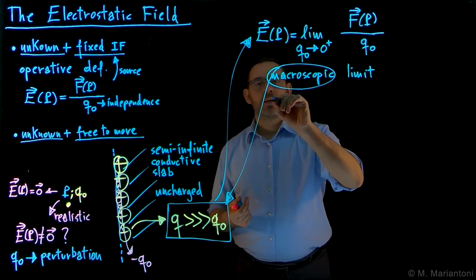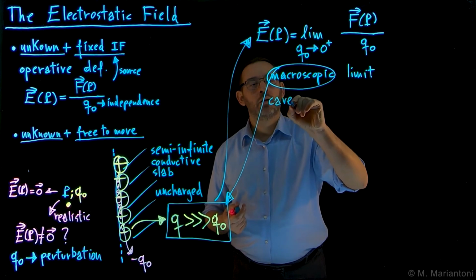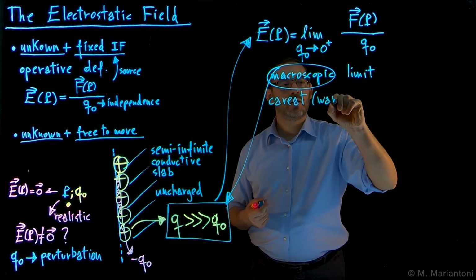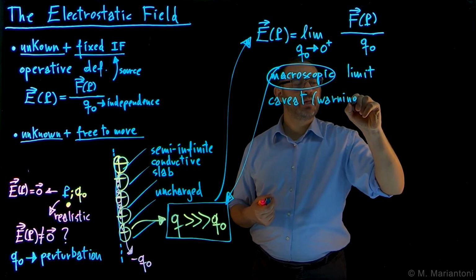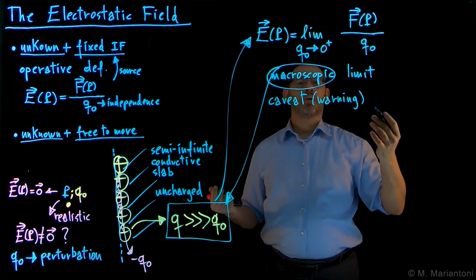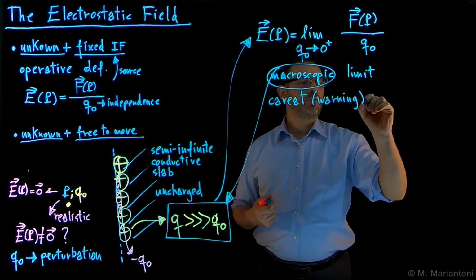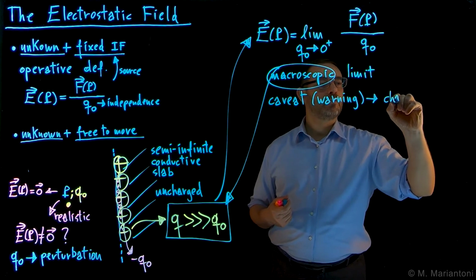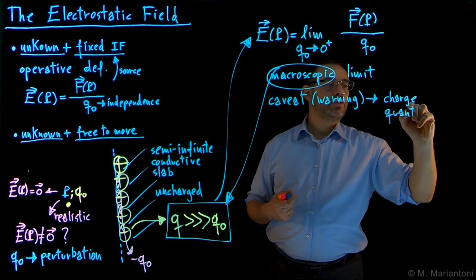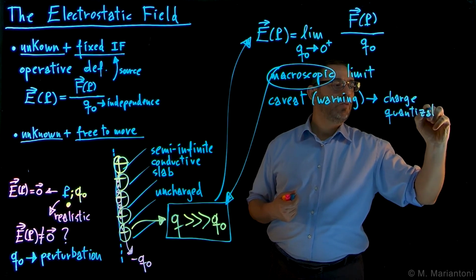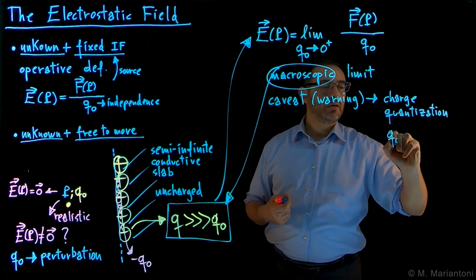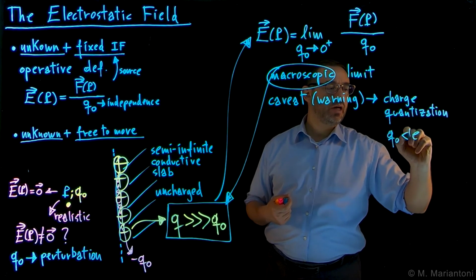Also, there are some caveats, where caveat in Latin means warning, and is very much used in science. The caveat is that there is charge quantization, and so in fact we cannot pretend to have a Q naught smaller than the electron charge in absolute value.